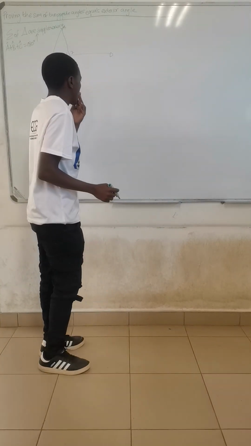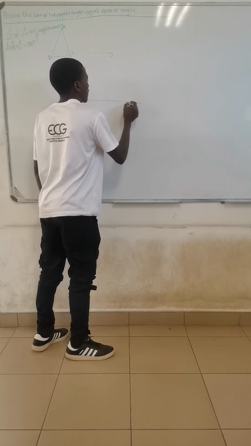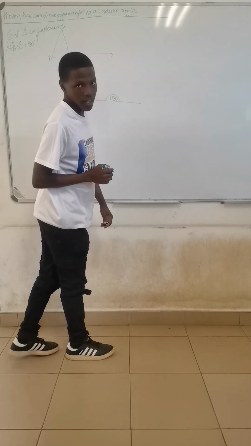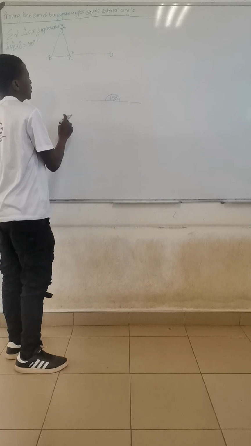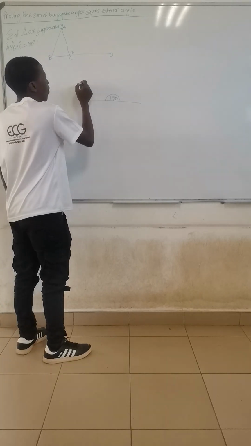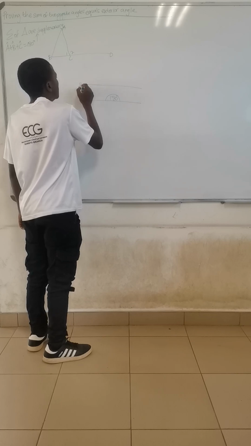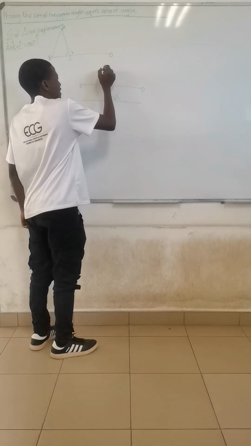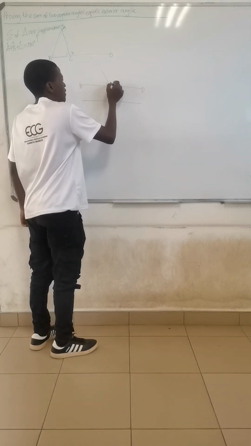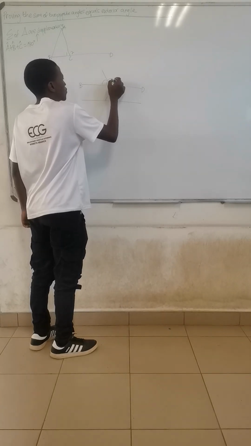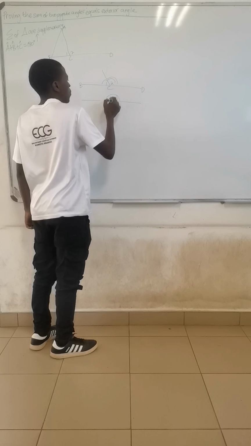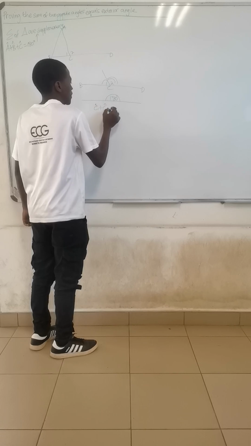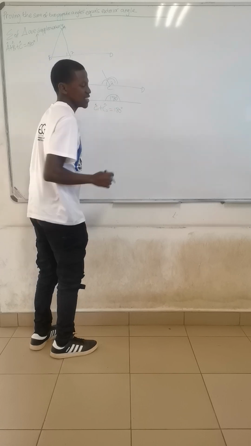At the same time, we have a straight line that is equal to 180. When we separate the two, we have a straight line again of B, C, D. But in that C, we have C1 and C2, which means angle C1 plus angle C2 are equal to 180 degrees.